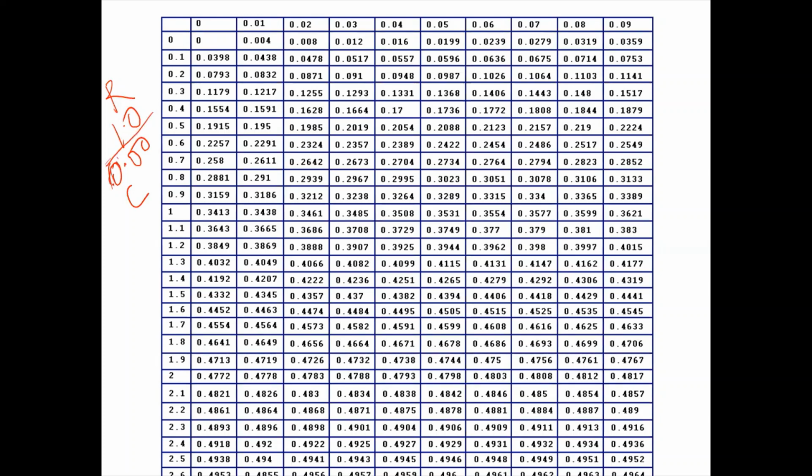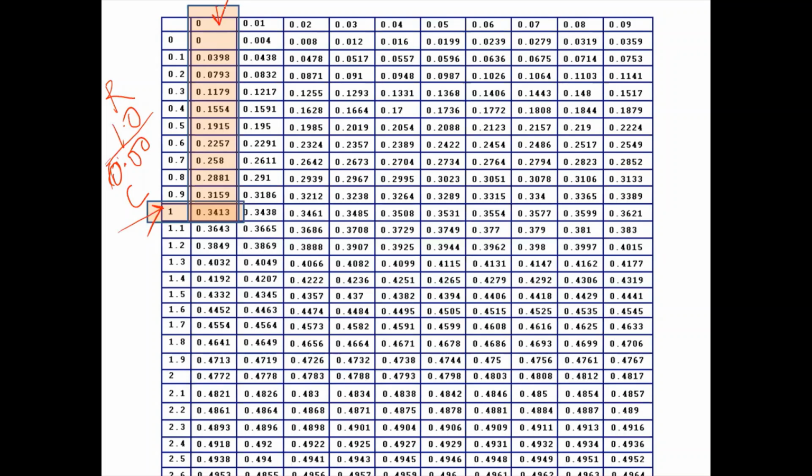Row of 1.0 is this and column of 0.00 is this. So what we get is this value, 0.3413. We are going to solve at least 5 to 6 more problems with complex z values also, so don't worry. We are going to see how to read the z table very clearly.